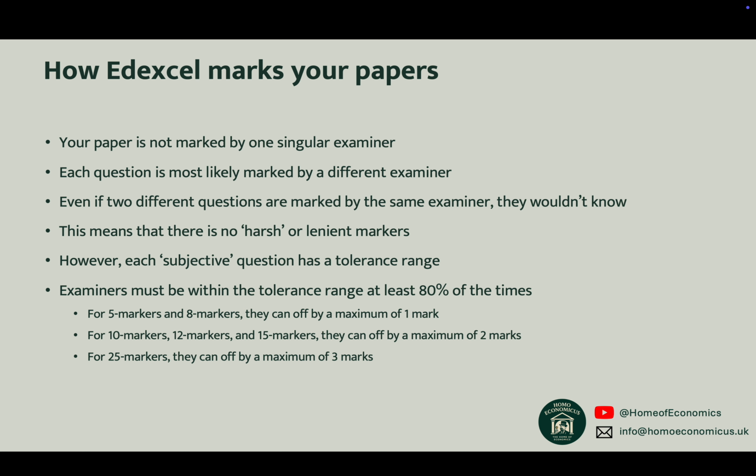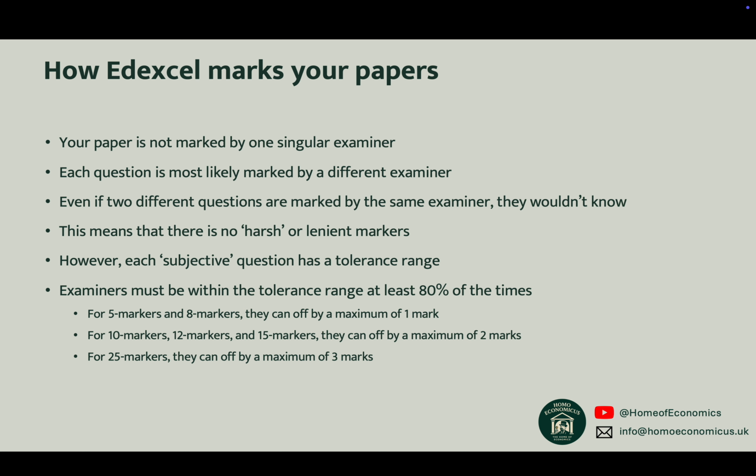So what this means is that there isn't actually a harsh or a lenient marker, because each subjective question has a tolerance range. Some questions are objective, for example, those calculation questions that you might have to do.